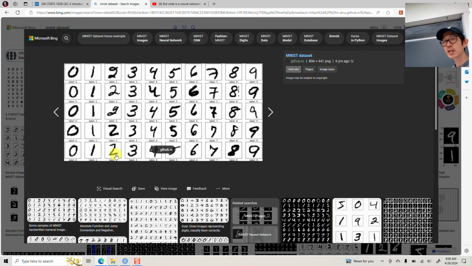That's what the data set consists of. It's very clean in that every single image has the number perfectly centered. Even though the numbers are written very differently, we know what every one of these numbers is, and every one is centered and very clean in that way.